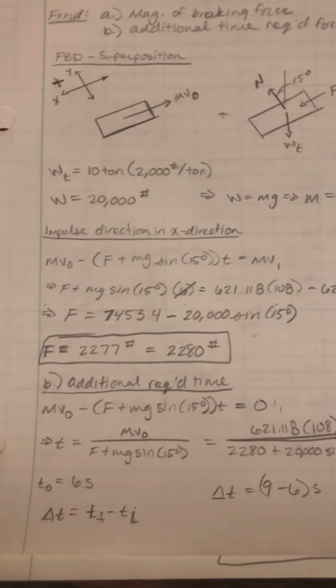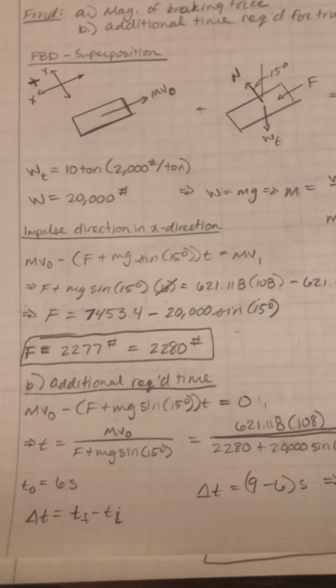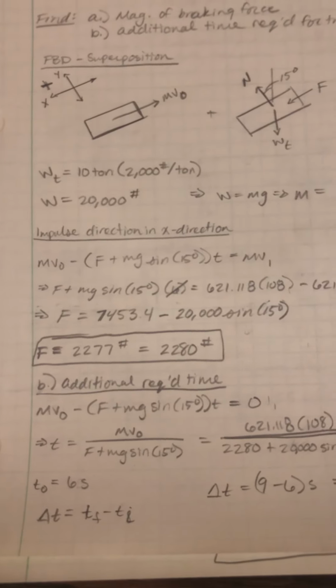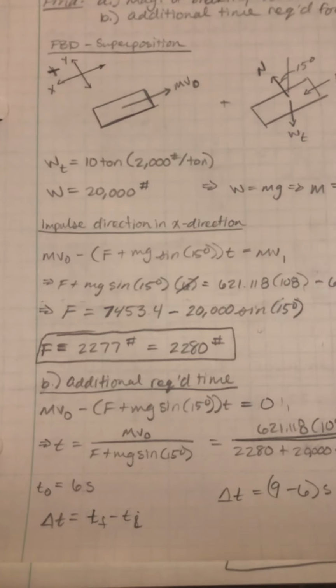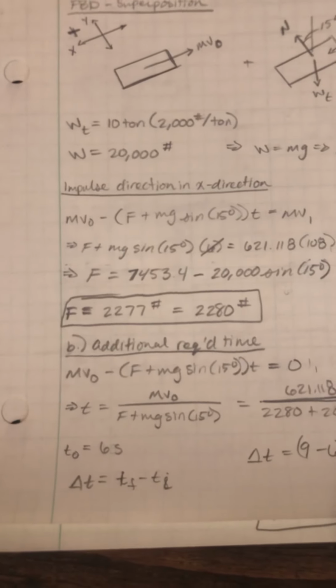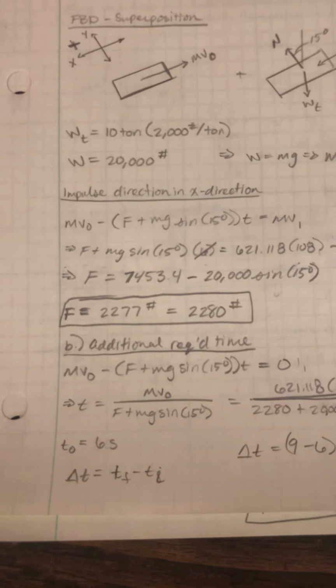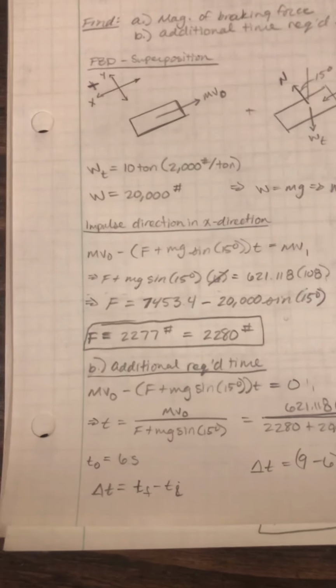Now to find the additional time required, we set mv1 to 0, and we manipulate this first portion of the equation that we just used so much that we can find the time required, or our final time.